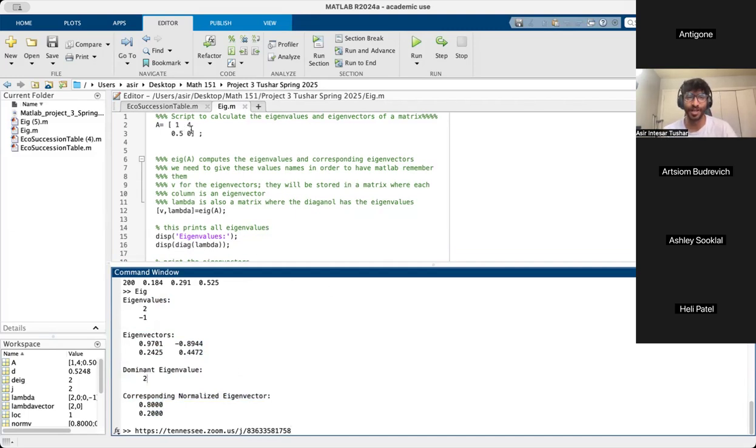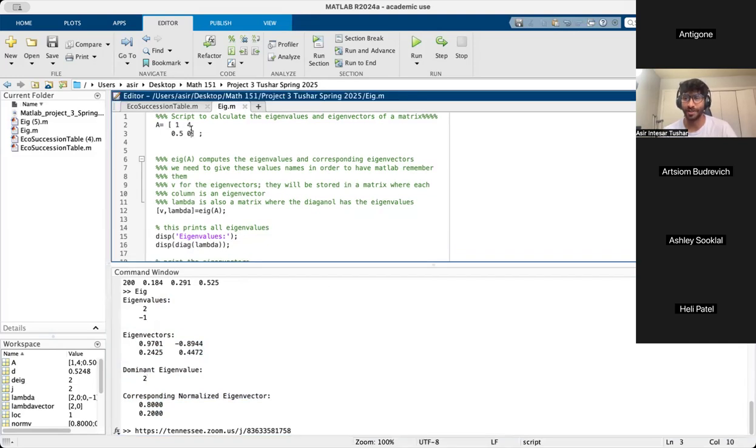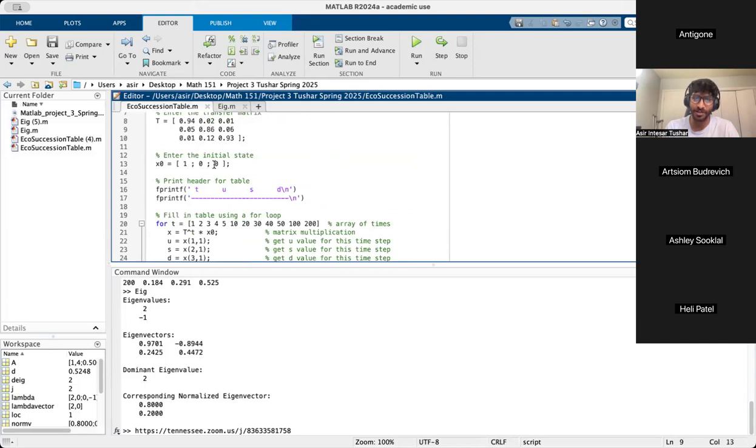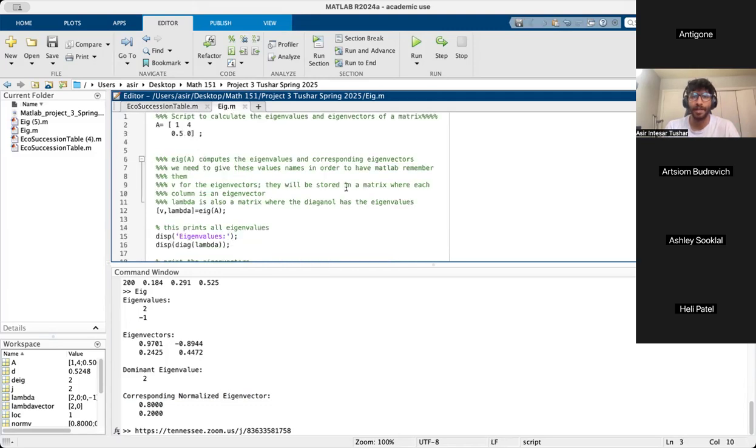All you need to do is change this matrix value here according to the problem, and from there you just write these values in the report. That's it. I feel like this should not be that hard for you guys. It's just modifying the matrix for this file, and modifying the matrix and initial state for this one, and the number of years. Any question for this project?